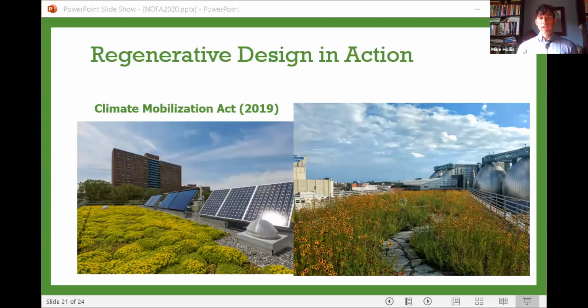The Climate Mobilization Act of 2019 is what I would argue in part is a continuation of that regulatory framework, but I believe also has some regenerative aspects to it, differently than a lot of what we had discussed in that initial section of the slide presentation.